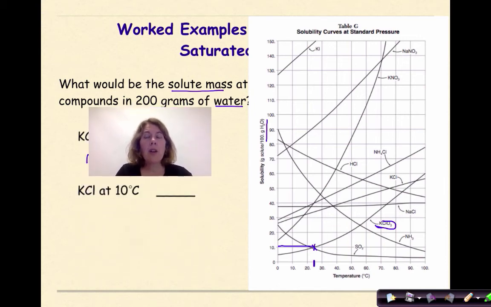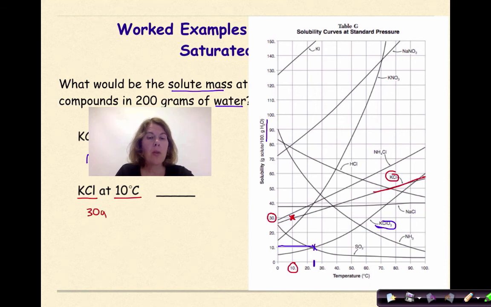So in 200 grams of water, we would be able to dissolve 20 grams of KClO3 at 25 degrees Celsius. Let's look at our next example, KCl at 10 degrees Celsius. All right, where is KCl? KCl is right here, so it is this line. Now we're going to go down to 10 degrees Celsius, which is right there. I'm going to go up until I hit this line, and then we're going to go across, and it is approximately 30 grams.